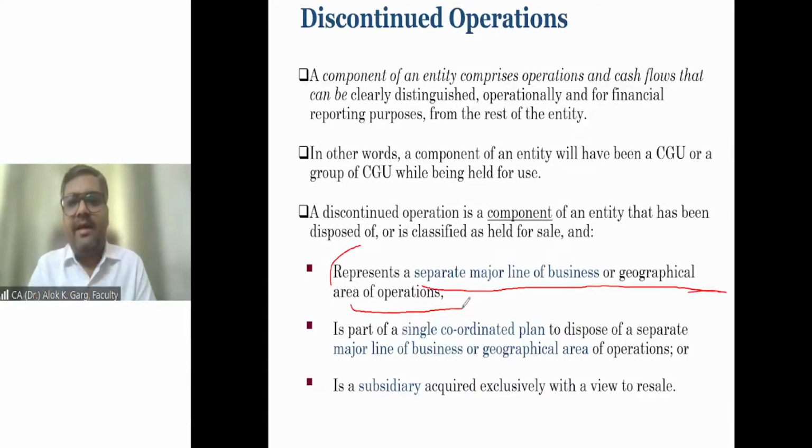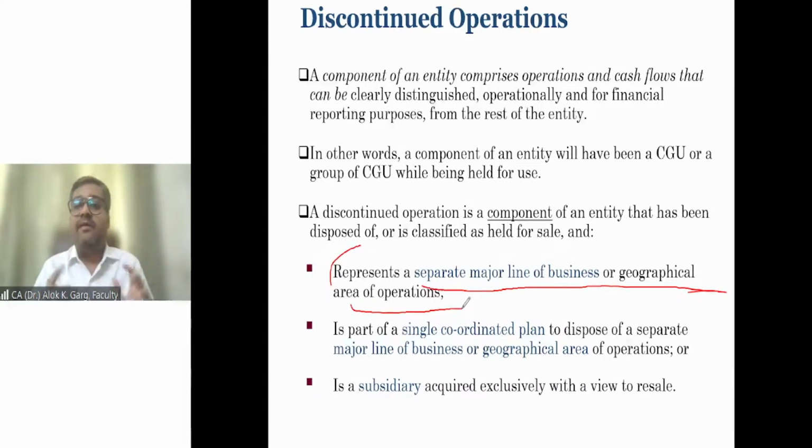When I started my session on Ind AS 105 in the last class, I gave 3 examples. Example number 1 was I decided to sell my factory, and when a buyer came to me, I told that buyer that I want to sell only the factory building. So that was an individual non-current asset held for sale. Then another buyer came and convinced me to sell the entire factory as a whole. That was a disposal group held for sale.